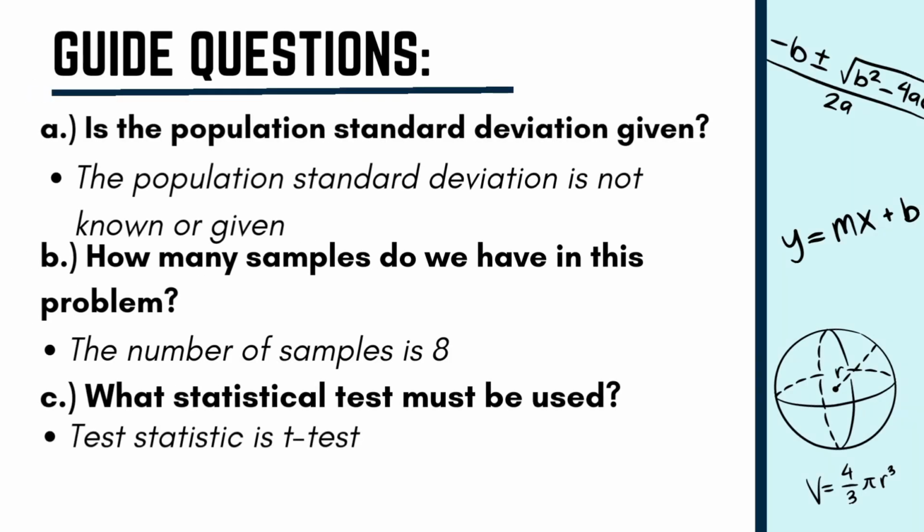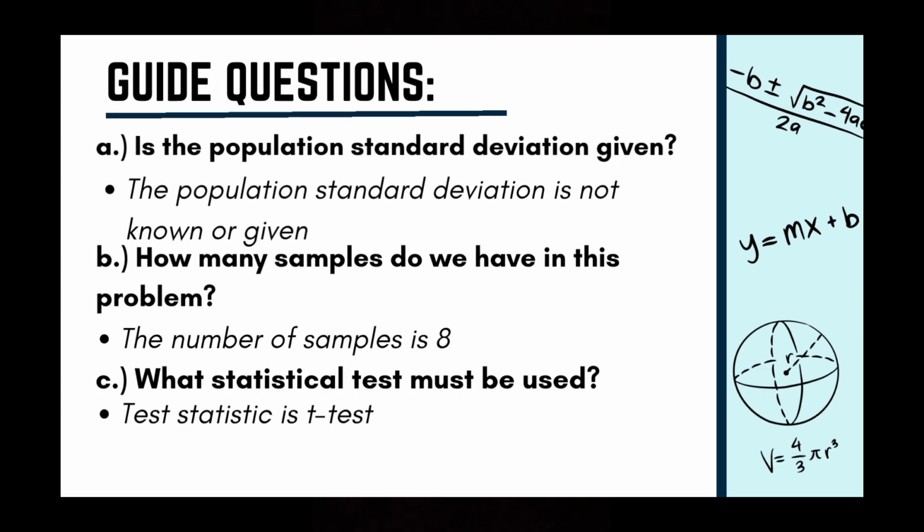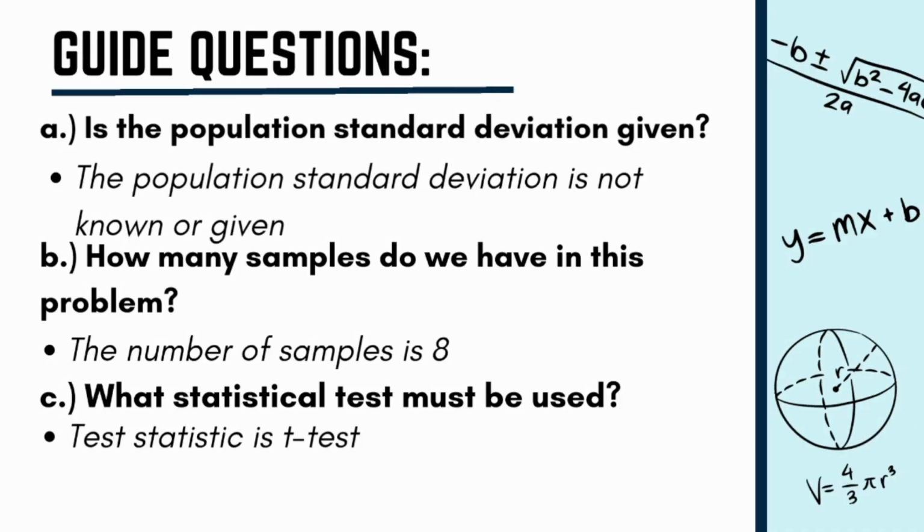This is the guide questions for problem number 3. Question number 1. Is the population standard deviation given? The answer is, the population standard deviation is not known or given. Kung makikita natin sa problem, walang given na population standard deviation, kaya naging unknown siya. Question number 2.